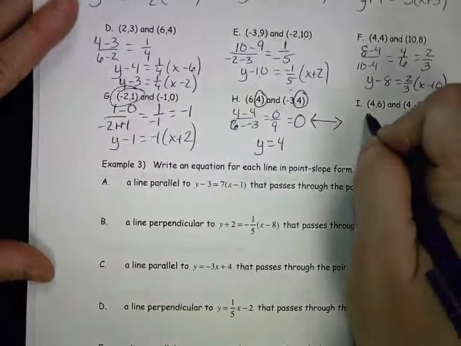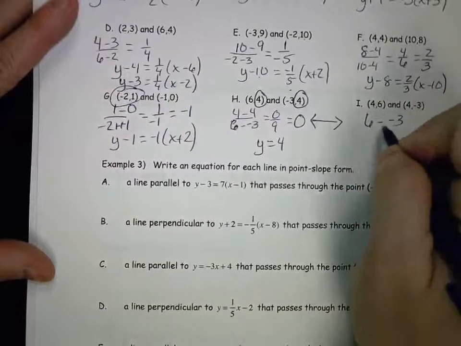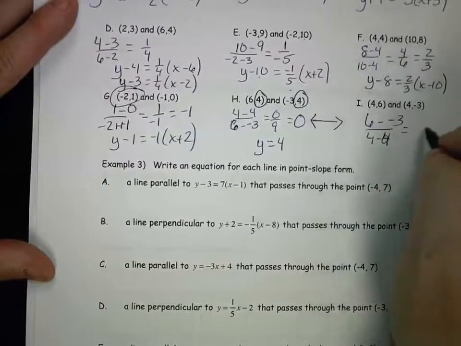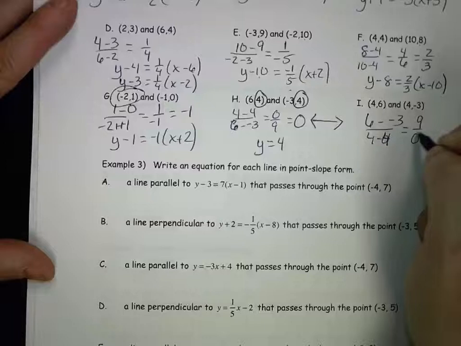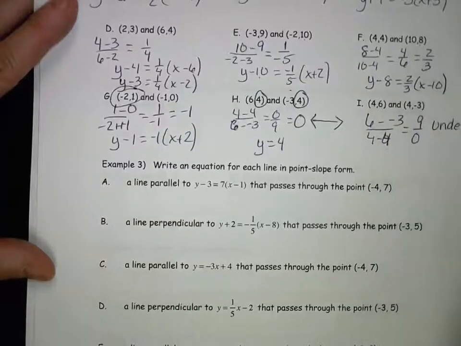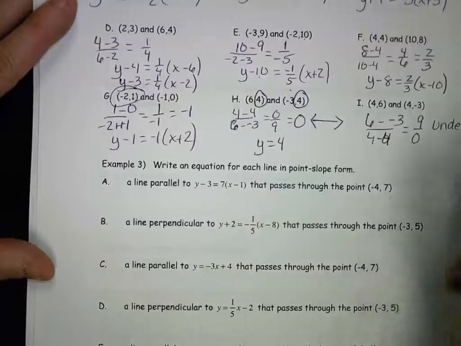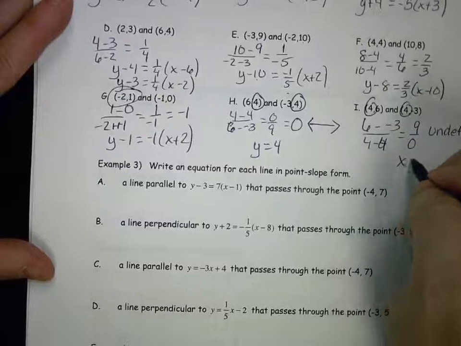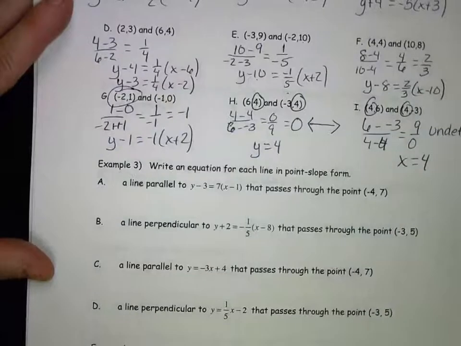Letter I, 6 minus negative 3 over 4 minus 4 is 9 over 0, which is undefined. Undefined is a straight up and down line, and with that straight up and down line, x equals 4.